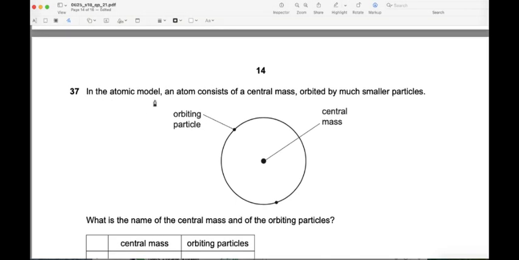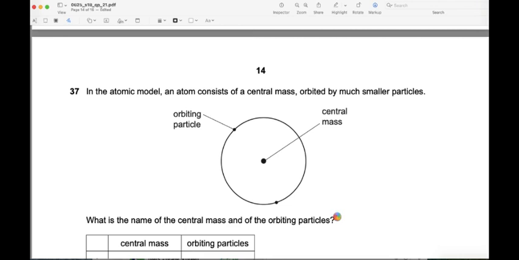We say in an atomic model, an atom consists of a central mass. This central mass is called the nucleus. We know this, right? The central mass is orbited by a much smaller particle. The orbiting particle is the electron. The electron is orbiting the nucleus. That's what atomic structure taught us. Now, what is the name of the central mass and the orbiting particle?